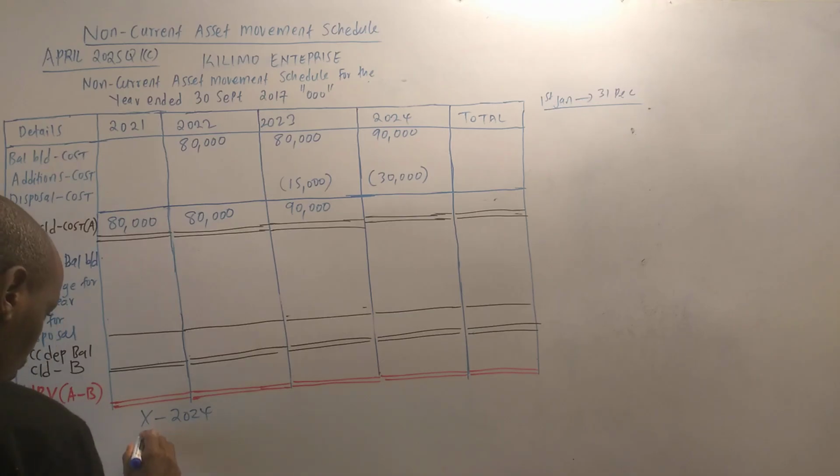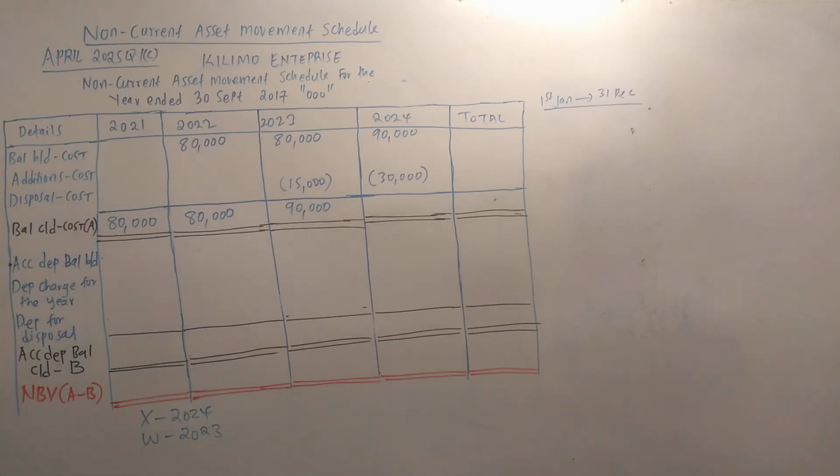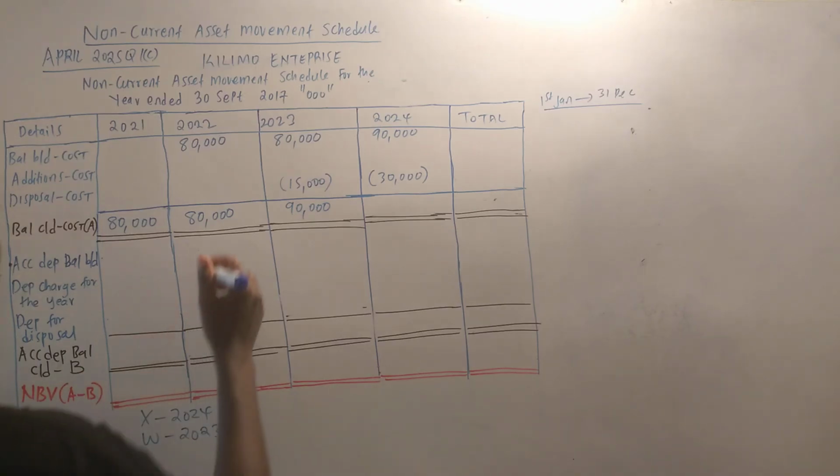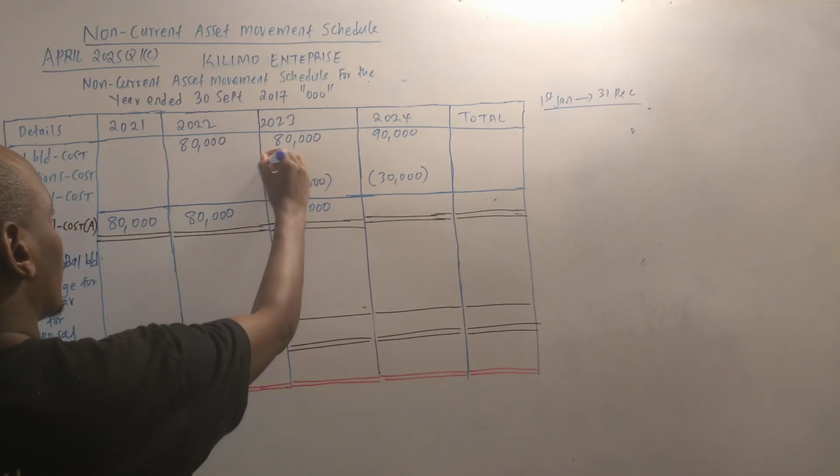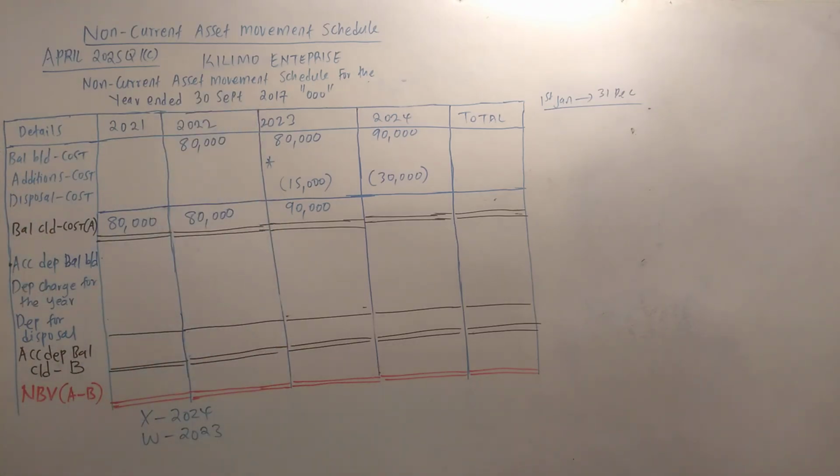And then plant W was disposed in 2020. So be keen. So that one will give us the way. So plant W was sold and replaced on the same day with the plant Y. Plant W, so that is 2023. That one is for 2023. So the value is to be determined. We are supposed to determine this value of addition. But the other one we have been provided.